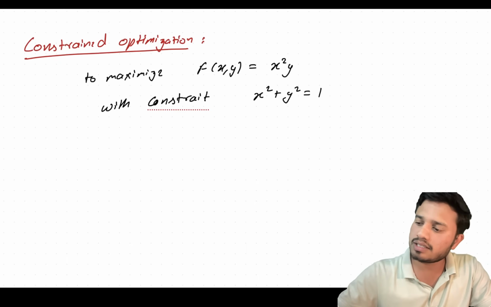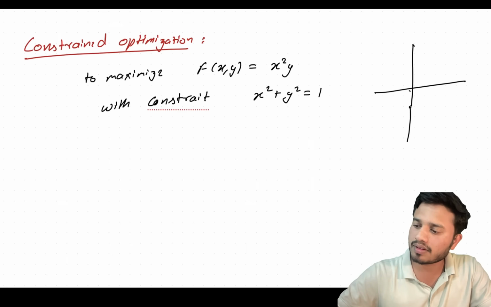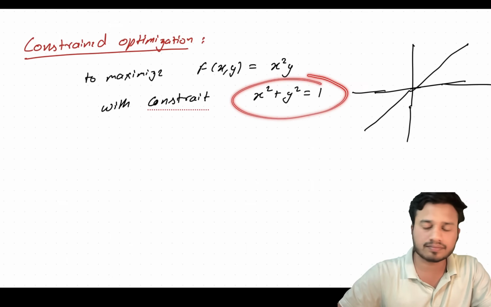You can look at it like this. Suppose that we have this, and this is representing a circle.